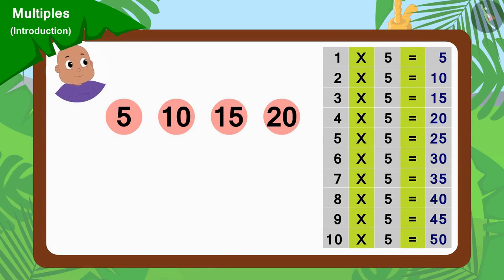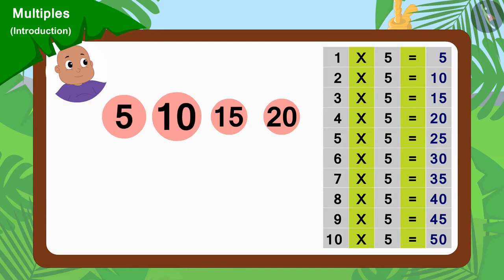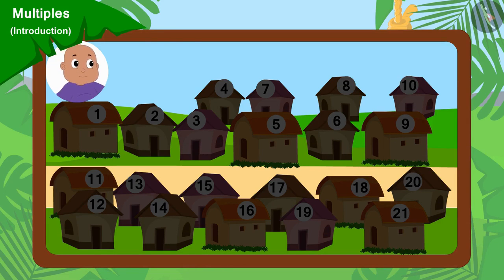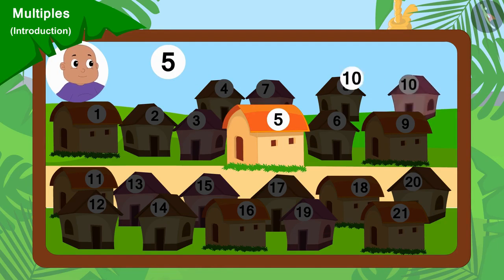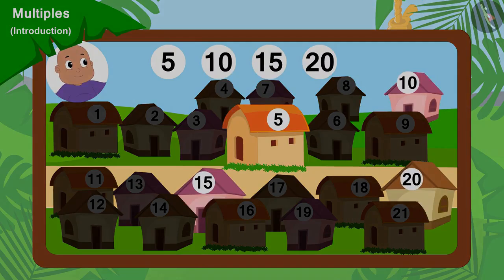Your answer is absolutely correct. We can find multiples of 5 in this way with the help of the multiplication table of 5. Bablu will go to collect donations from houses 5, 10, 15 and 20.